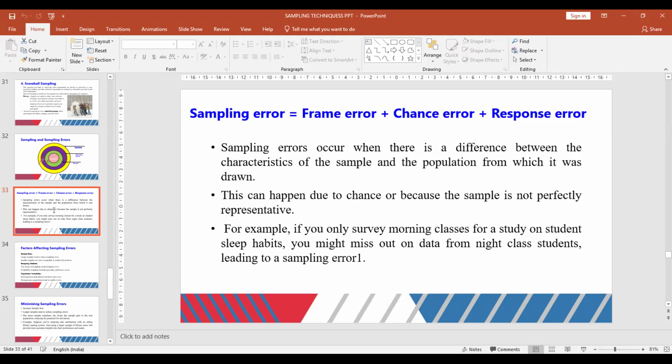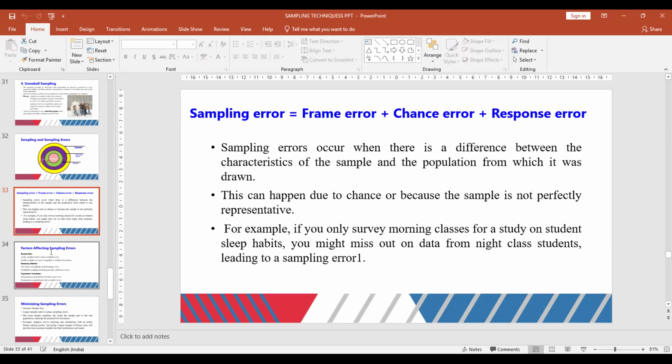For example, if you are only surveying morning classes for a study on student sleep habits, data from night class students is missing, leading to a sampling error.